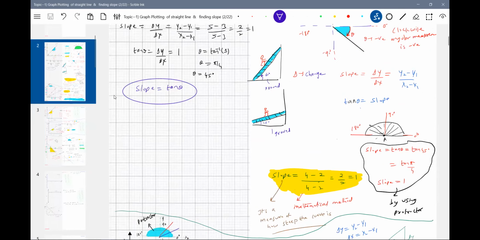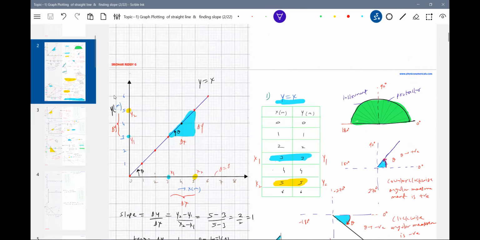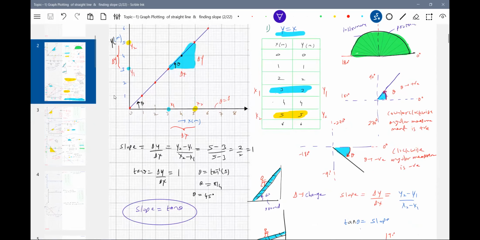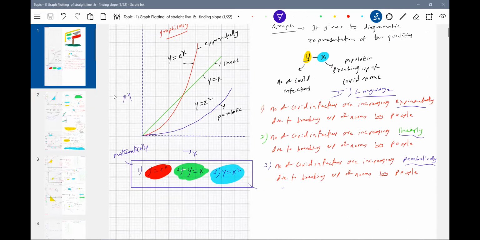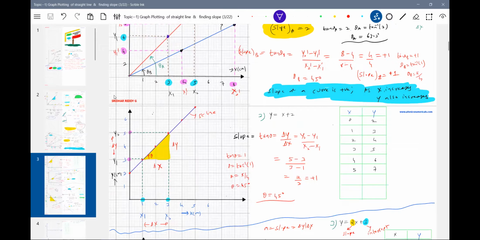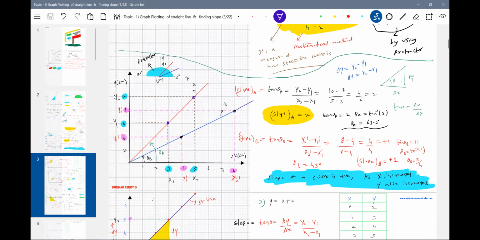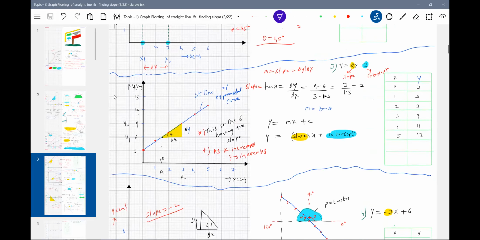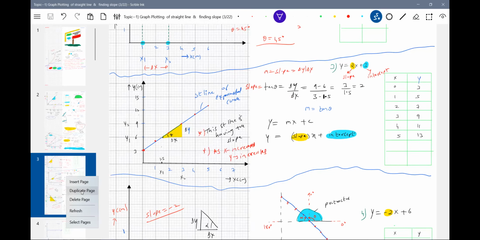We were here, no? Let me search where it is. Yeah. y equal to 2x plus 3. This is okay.